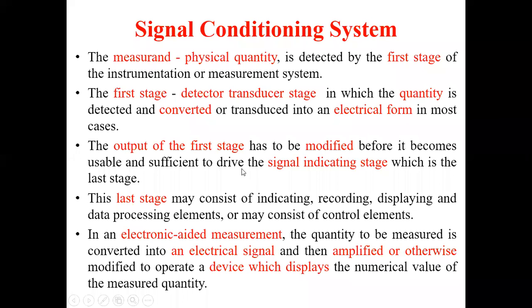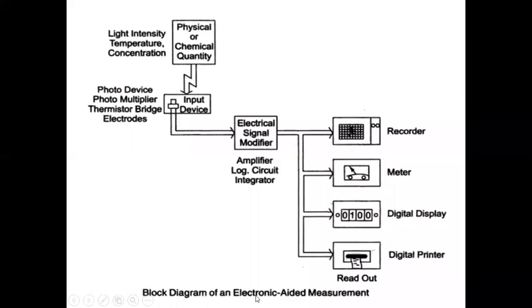Let us see the block diagram of an electronic aided measurement system. In an electronic measurement system, we have the physical quantity, such as light or temperature, which is detected by the transducer.